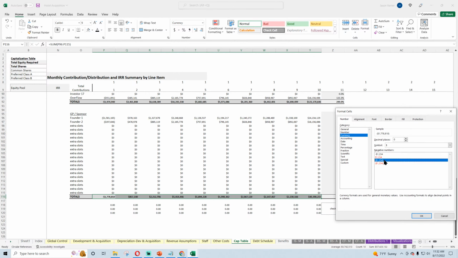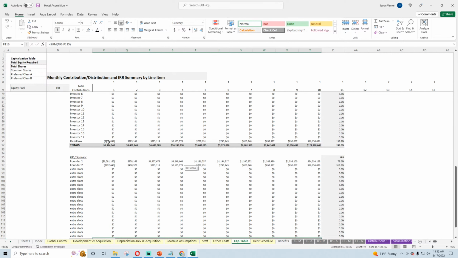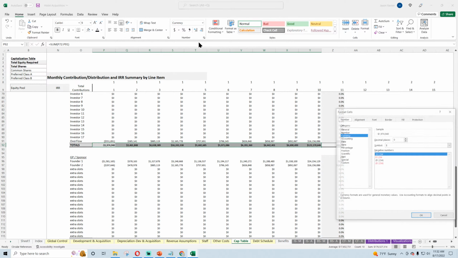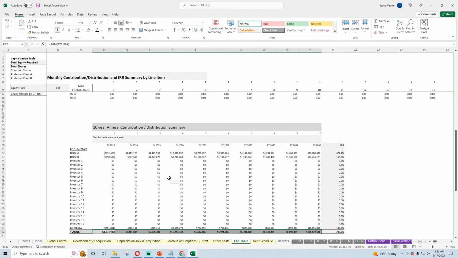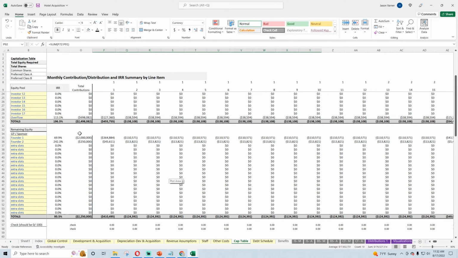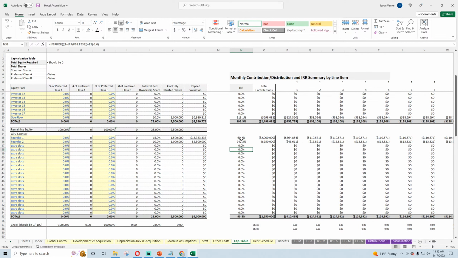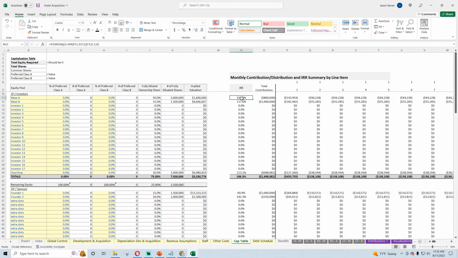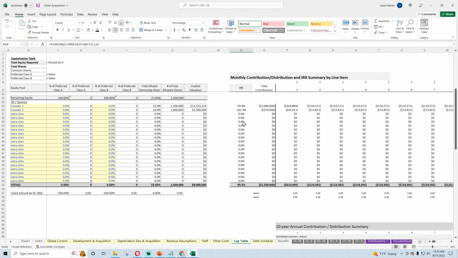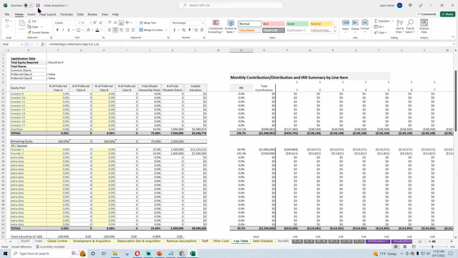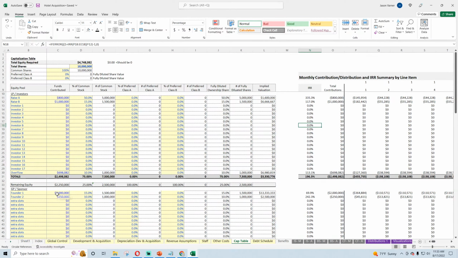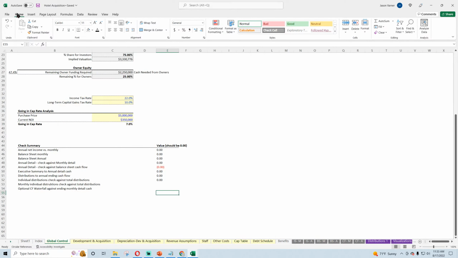Let's format this here. Looking good. And then here's the actual IRRs on a monthly basis, which is more accurate. We did the IRR of the total range and then converted it to an annual rate. Now, this is good. We'll fix the assisted living probably this afternoon.